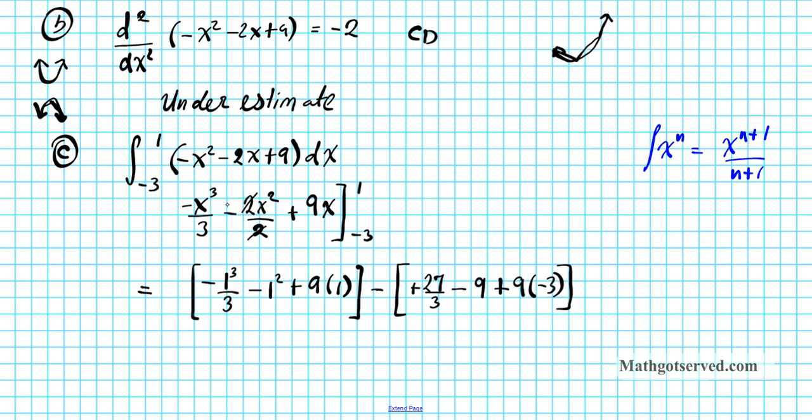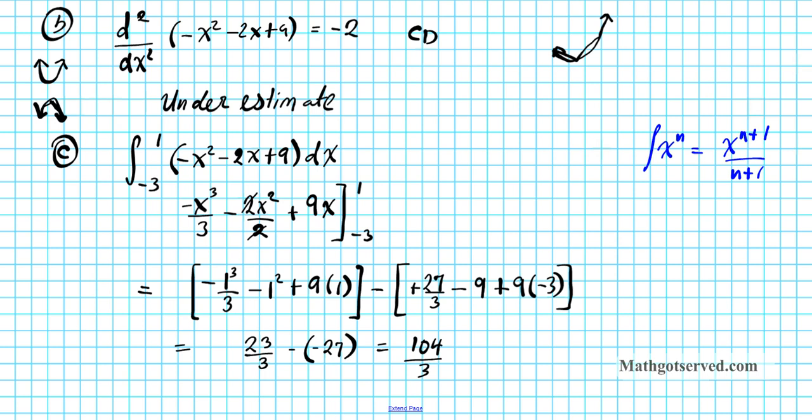FTC part 2: you plug in the upper limit, then you plug in the lower limit, and then you subtract the two from each other. If you do the arithmetic, this becomes 23 over 3 minus negative 27, and that comes out to 104 over 3.